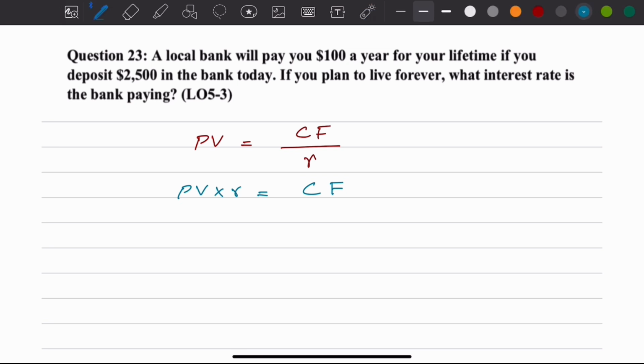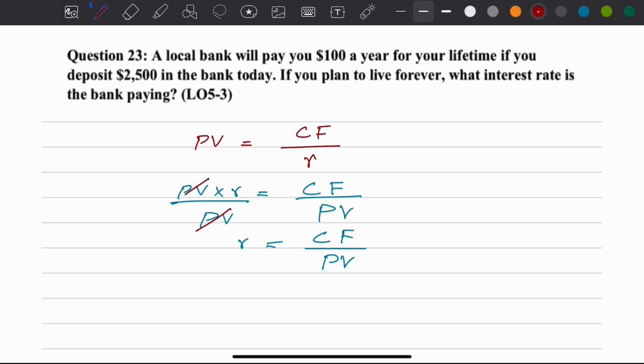So I'll divide both sides by present value, which will make my formula like this: R equals cash flow divided by the present value, because these two terms will cancel each other out.